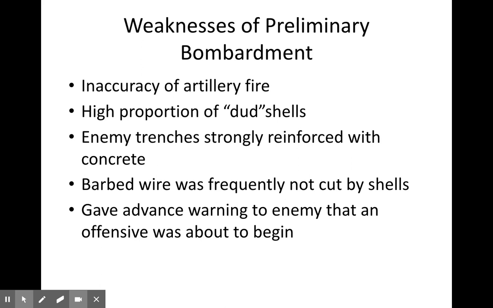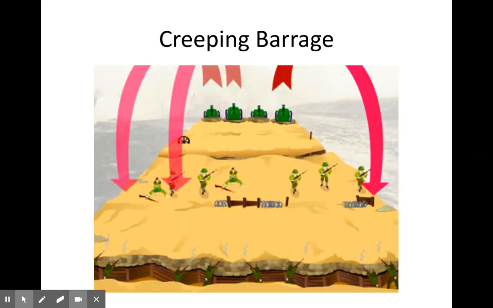Also, the barbed wire in front of the trenches was not cut by the shells. And once you start shelling the enemy in some massive barrage, basically you're letting them know that you're coming, and you're giving them some warning that something's about to occur.